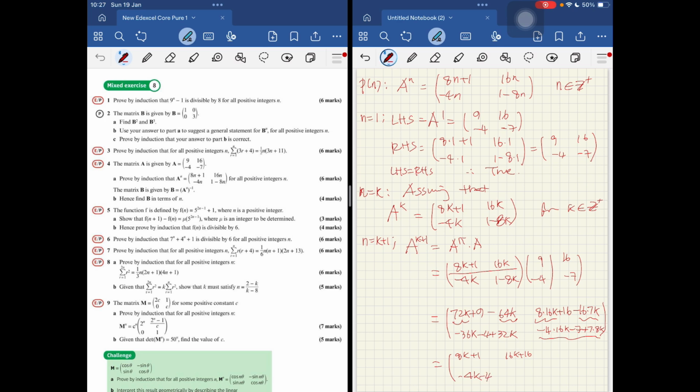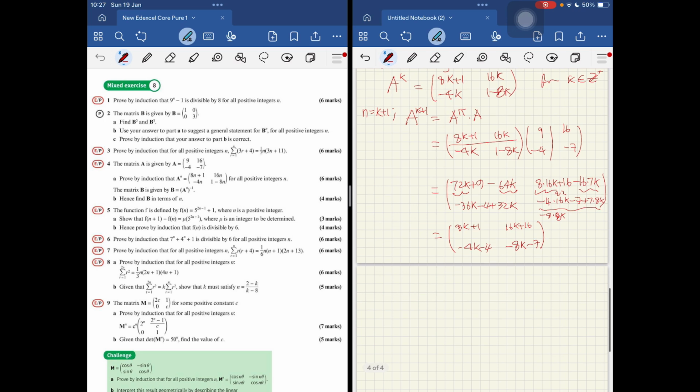And this one, again, negative 8 times 2k, then 8. Negative 8 times 8k, so negative 8k minus 7.